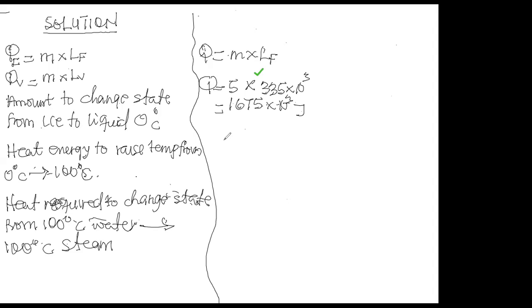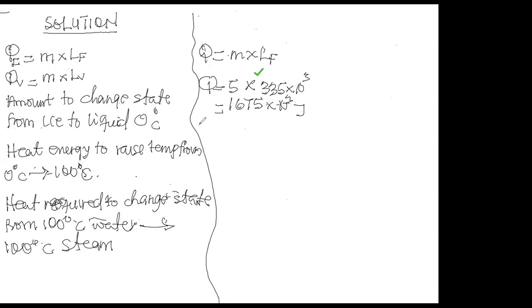All right, so once we have water at 0 degrees Celsius, then we need the heat energy to raise the temperature of water from 0 to 100. And this is about sensible heat.